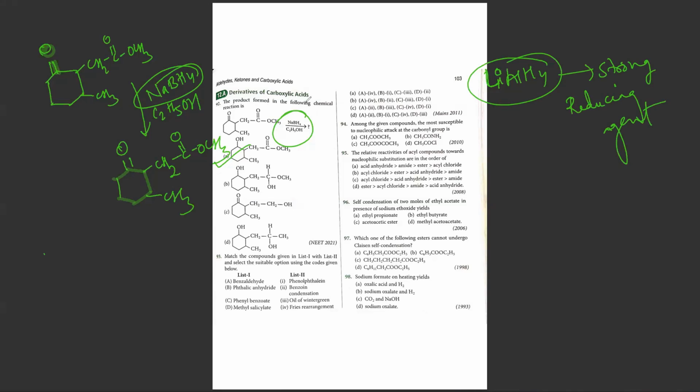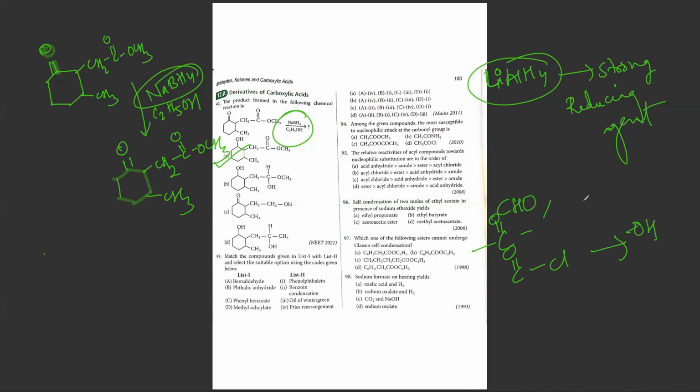So sodium borohydride is a much less powerful reducing agent than lithium aluminum hydride. It is only powerful whenever you have to reduce an aldehyde, a ketone, or acid chlorides to alcohols.